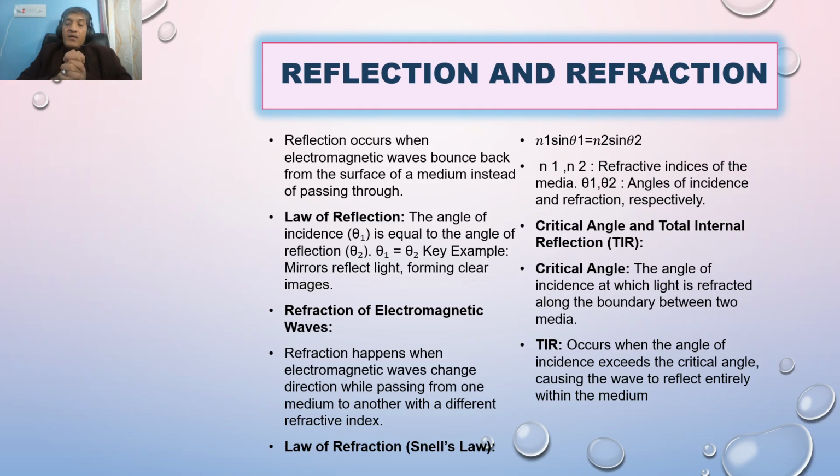It is simply TIR. T means total, I means internal, R stands for reflection. So don't be confused by TIR. It is total internal reflection, another very important optical property of electromagnetic waves, which occurs at a specific angle of incidence.